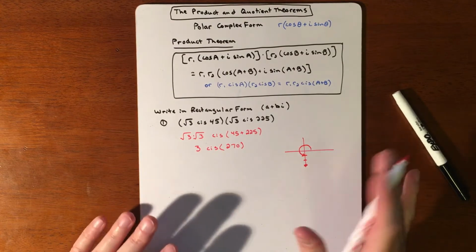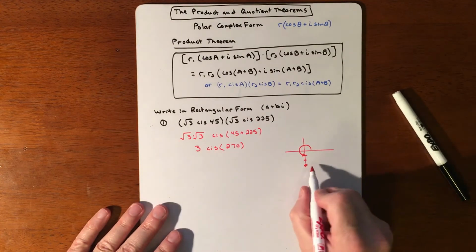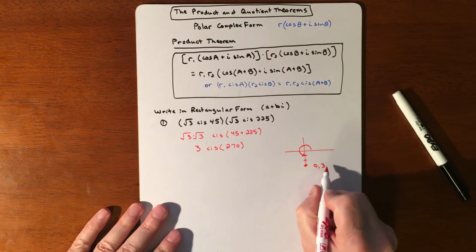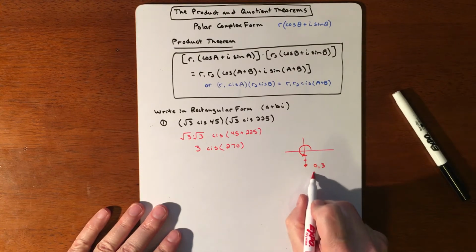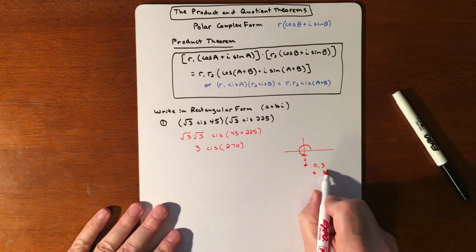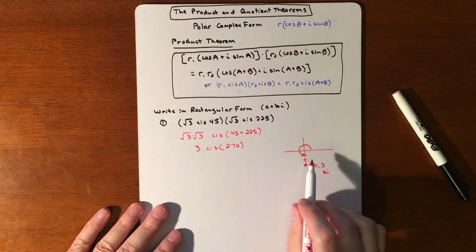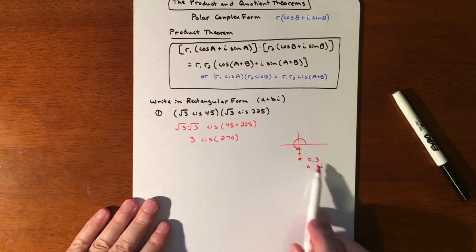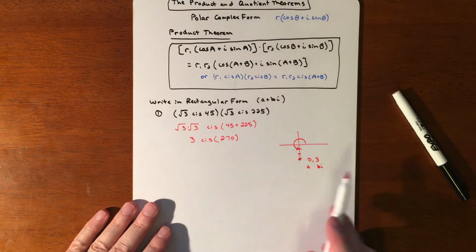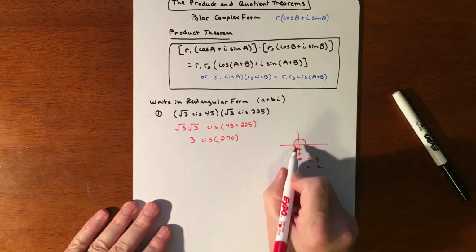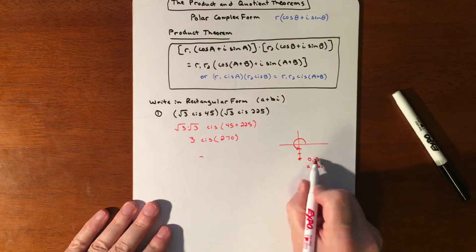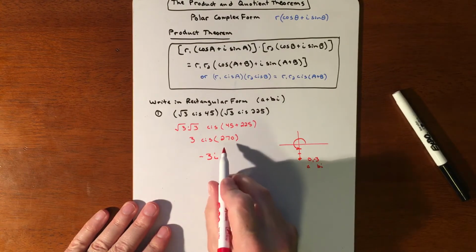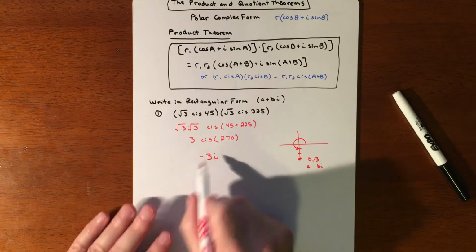So as far as a rectangular coordinate, we are looking at a 0, negative 3, but that is our a value and that is our bi. So that is our imaginary, because the x-axis is our reals and the y-axis is our imaginary on complex numbers. So we are just looking at a negative 3i as an answer.